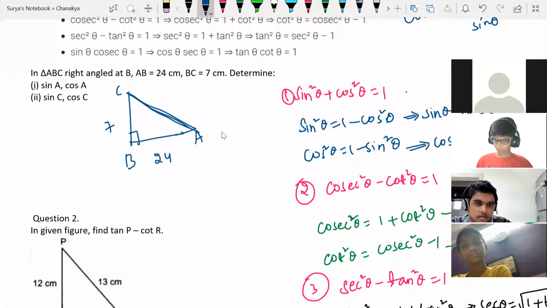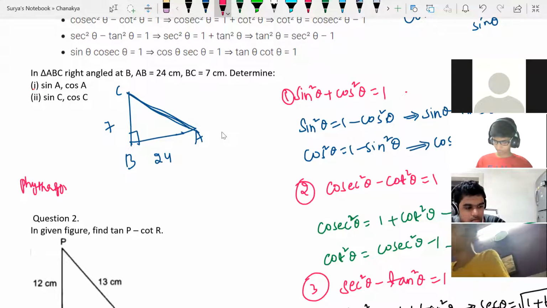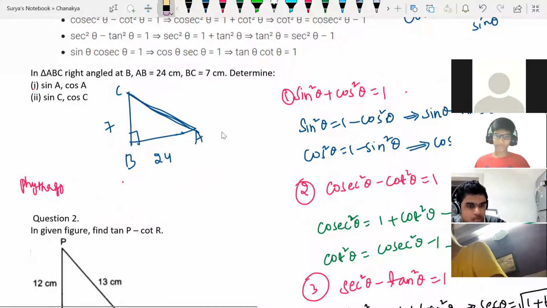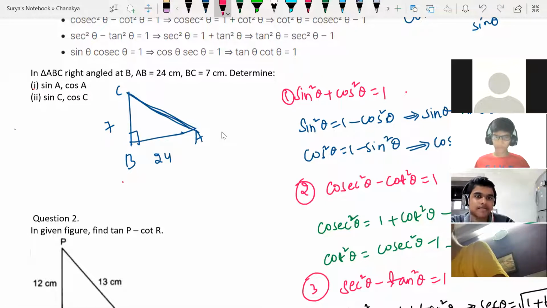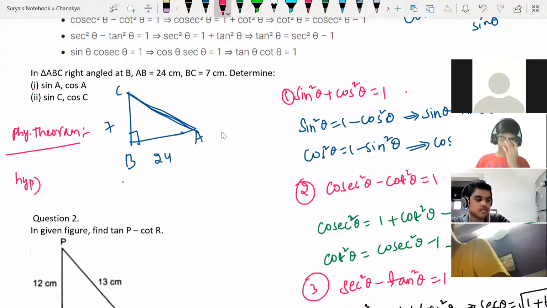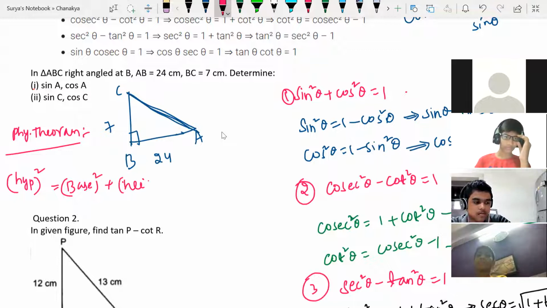So I apply the Pythagoras theorem. First, we have to learn the Pythagoras theorem. What is the Pythagoras theorem? It tells you hypotenuse square is equal to base square plus height square.